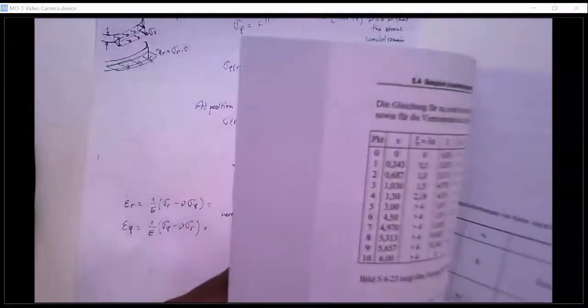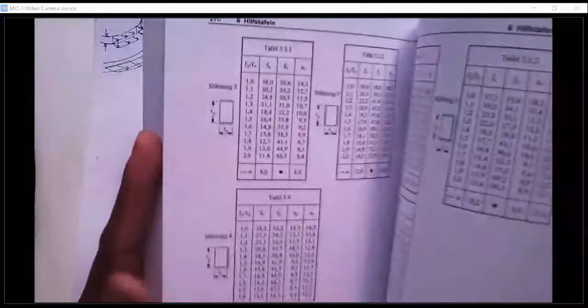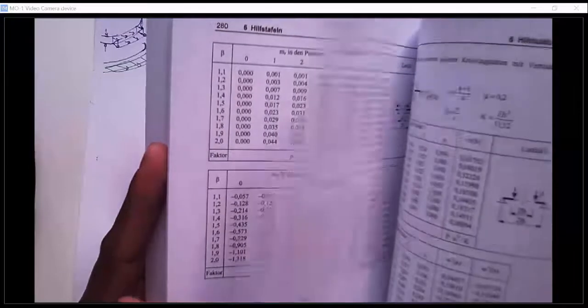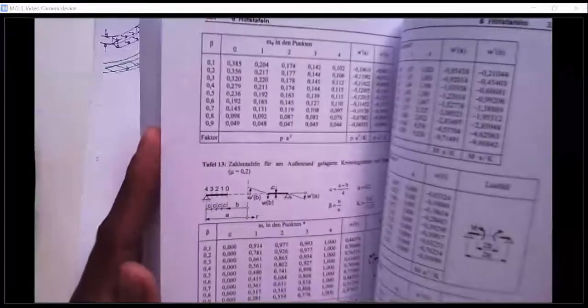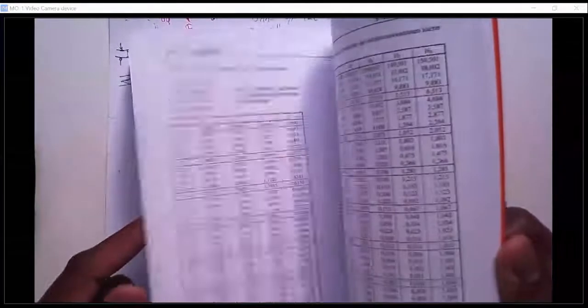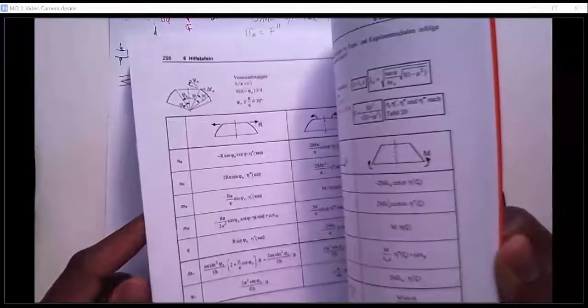I think it's called Theory of Plates and Shells. I'm not really sure; I'll need to check it.